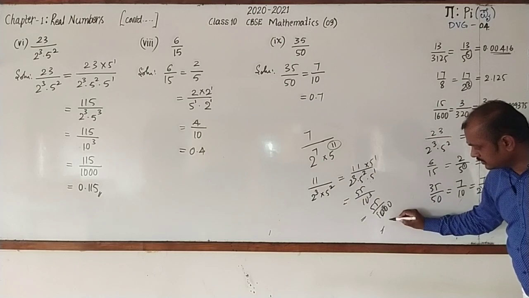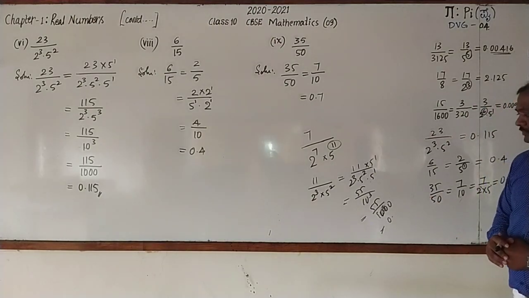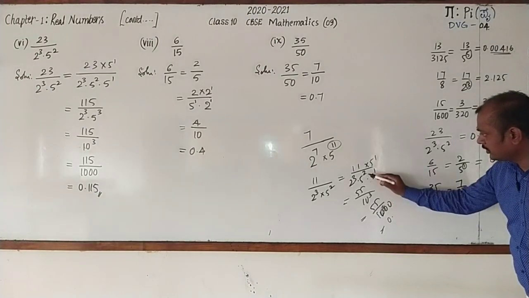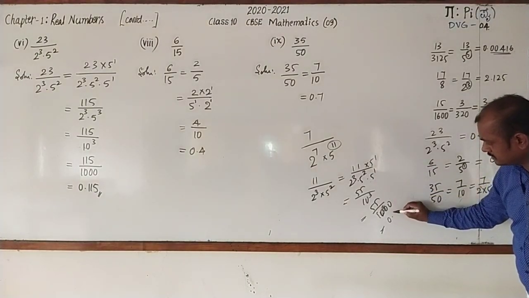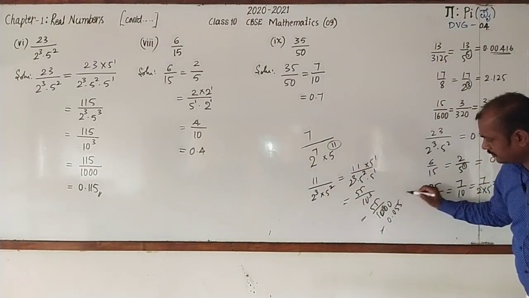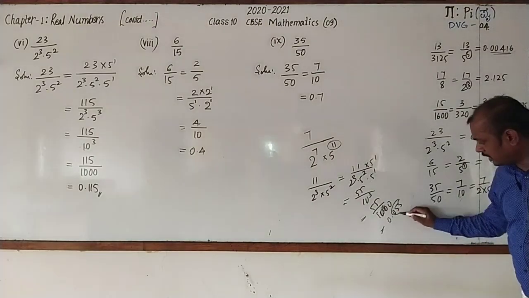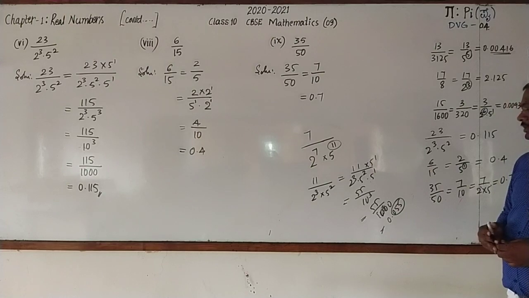Now how much will you write? 55 by 1000 is 0.055. Clear? So after 3 digits it will terminate.